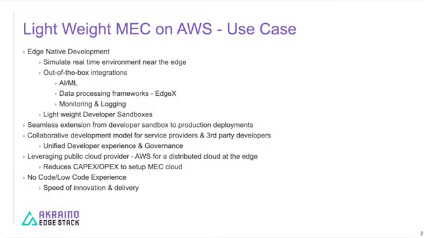So we need to bring in a unified developer experience and governance, like auditing and access controls across developers. We're also leveraging AWS, so it brings down the capital and operational expenses of setting up such an edge cloud. Our focus has been on making the developer experience very seamless, so we are looking at providing a low code or no code experience which can accelerate innovation and delivery.